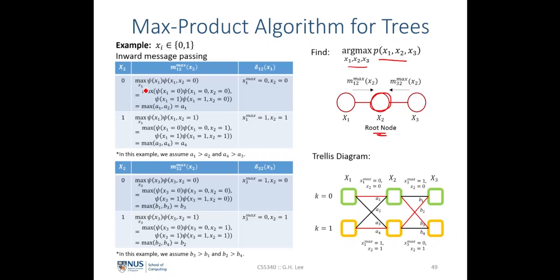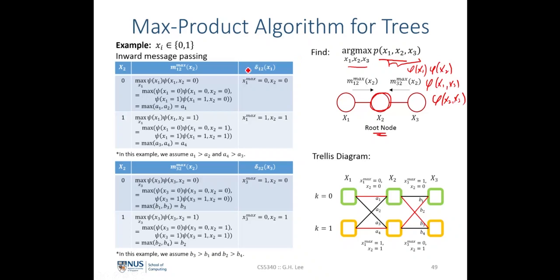Suppose that my joint probability distribution is given by the unary potential of x1 multiplied by the unary potential of x2 multiplied by the binary potential of x1 and x2 and the binary potential of x2 and x3. So this is what I have defined in this example.